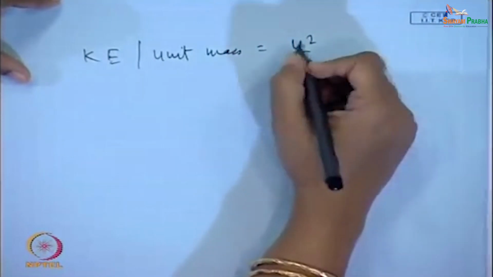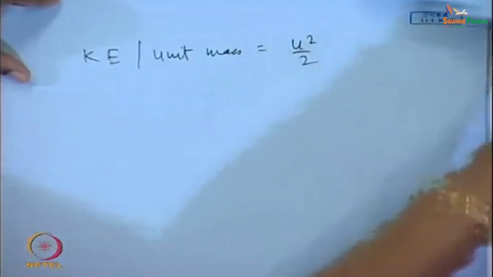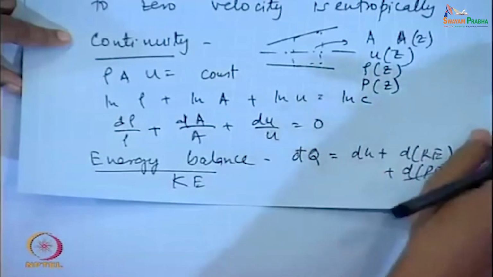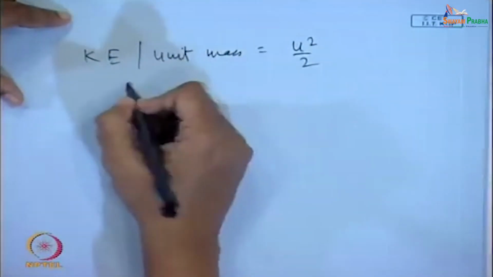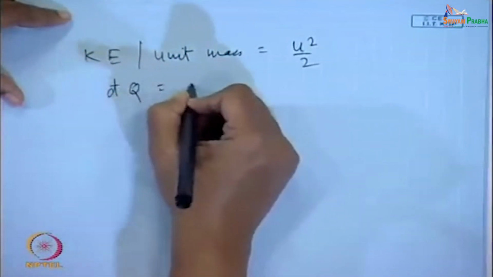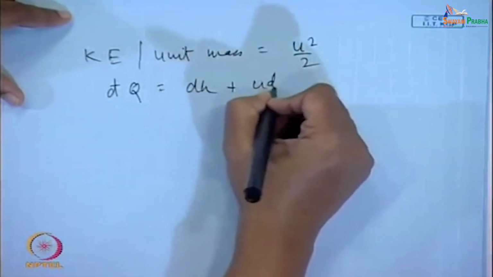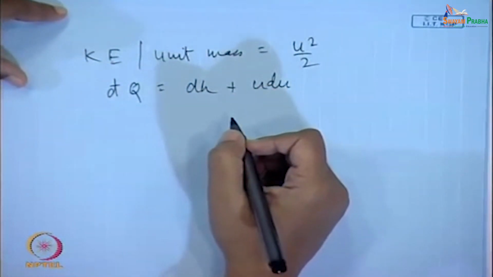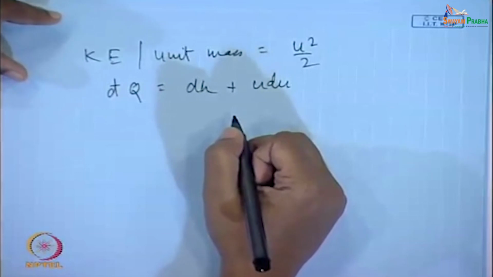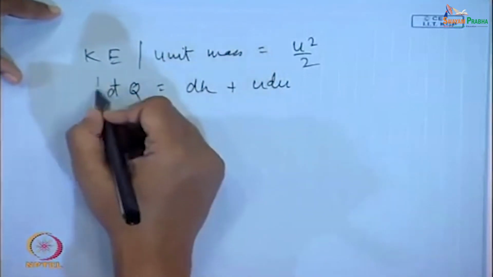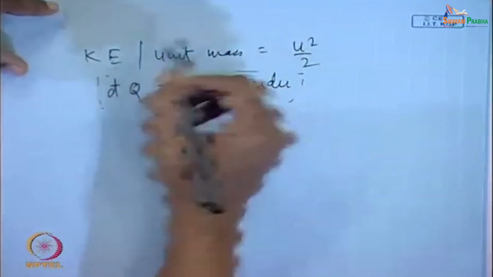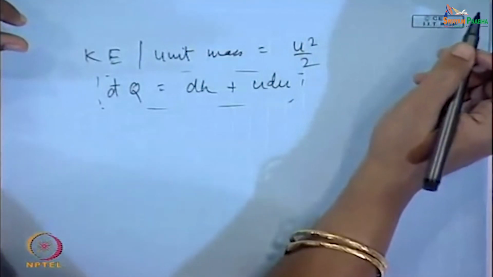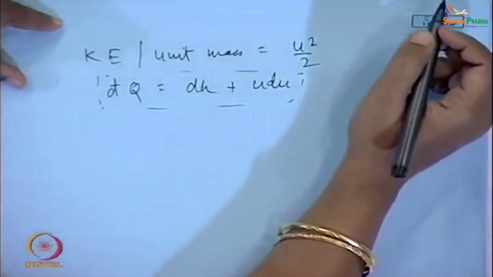So, if this is substituted in the energy balance equation, then we get dq equals dh plus u du, is not it? So, the energy equation, remember this particular equation, is valid even in presence of friction or non-equilibrium condition.